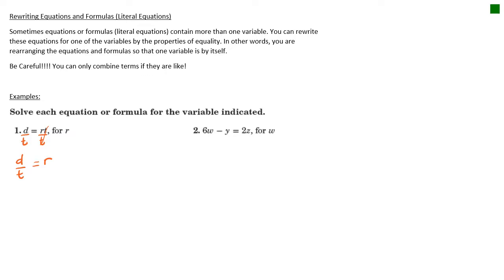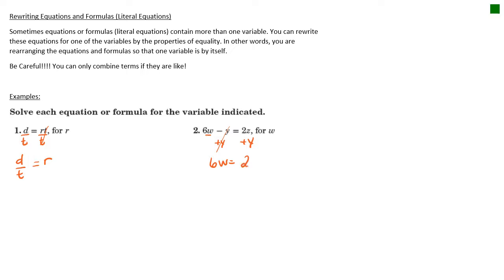So for instance, we look at number 2, I'm solving for w. 6 is right next to w, so I'm probably going to get rid of that last. So what I'm going to do is add the y over here. So these y's cancel and I have 6w equals, but what's 2z plus y? What am I going to do to those?